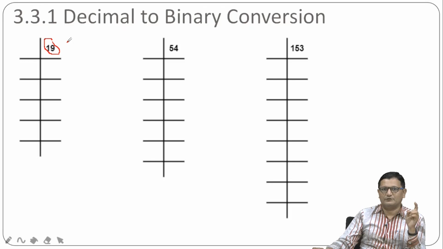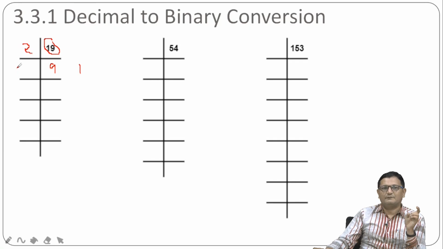Then you need to divide that number by 2. So I will start dividing this 19 by 2, so here I will write 2. Now, you know that 2 nines are 18, but the number is 19. So 1 is the remainder, you write it down here.